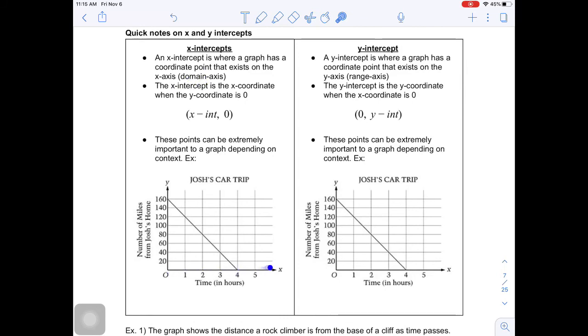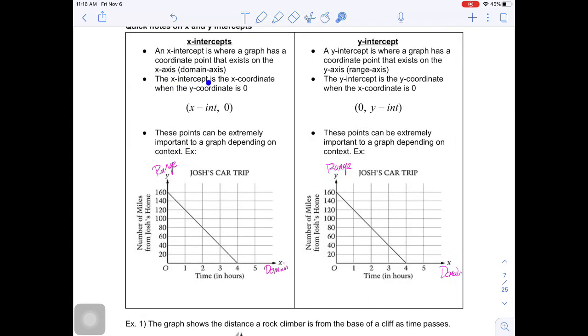Remember, your domain is your horizontal line, and this is known as your range. This is your range, and this is your domain here. The x-intercept is the coordinate point when the y-coordinate is 0. So essentially, whenever your line touches your domain axis or your x-axis, this is your x-intercept.